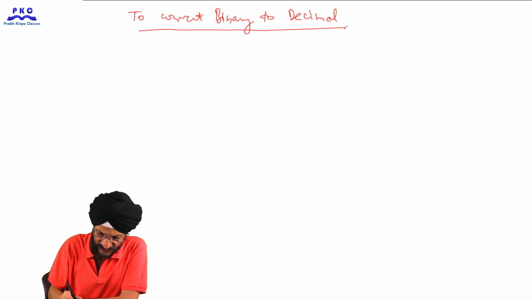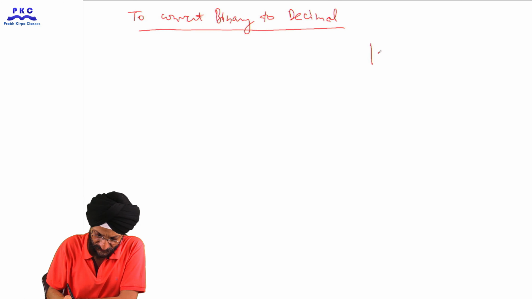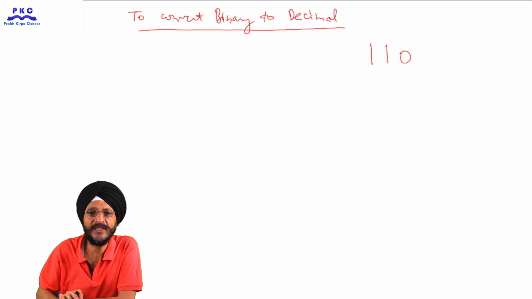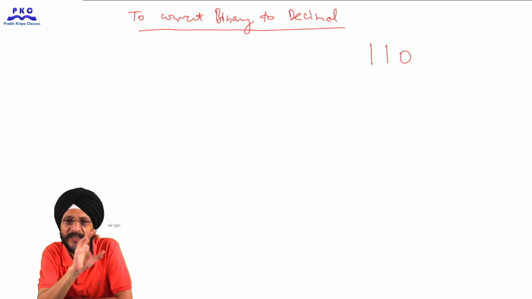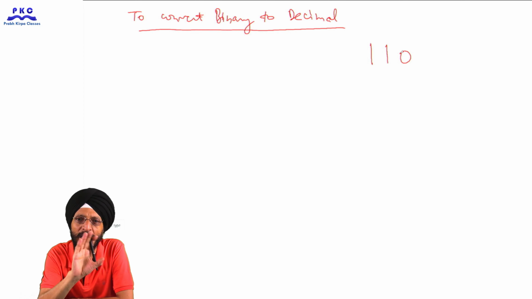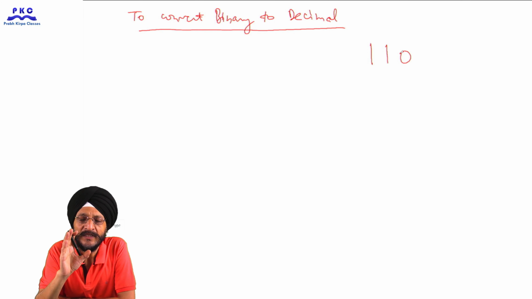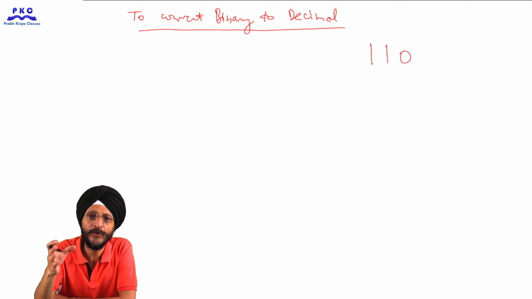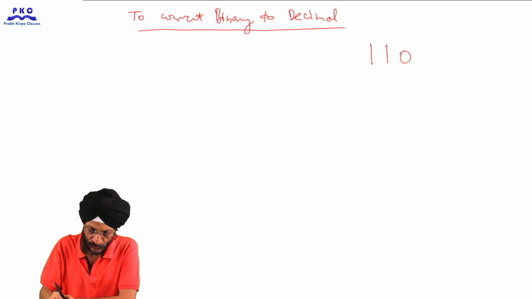Now suppose there is a binary number 110. This is a number which the computers can understand because they understand only the language of 0s and 1s. Now how do we convert this binary number into the normal decimal number which we use?